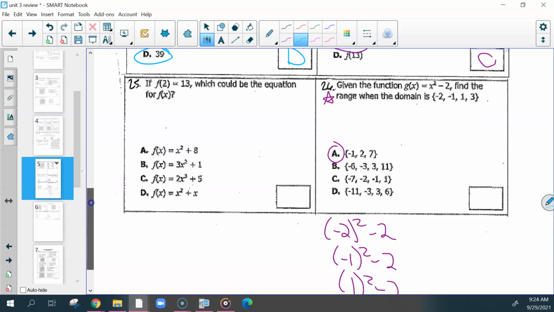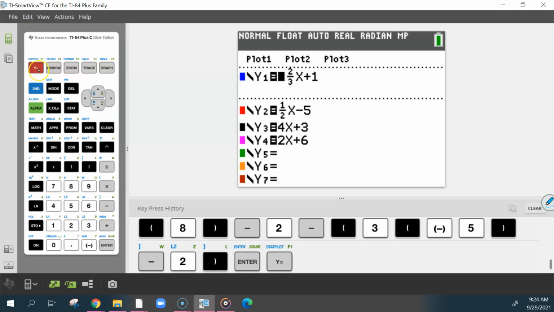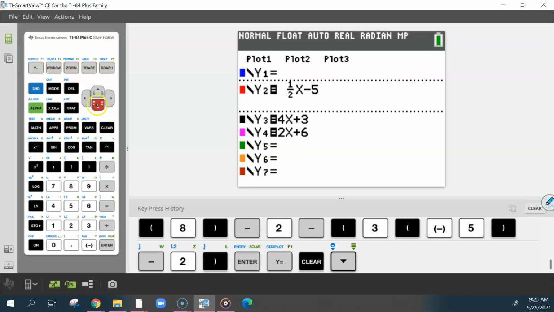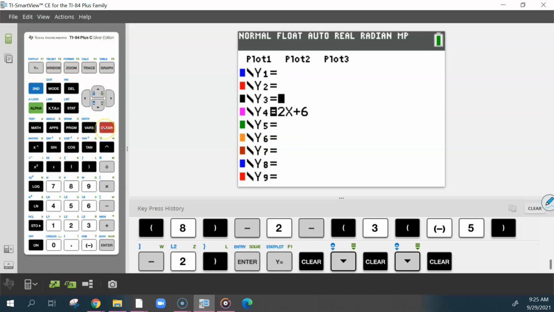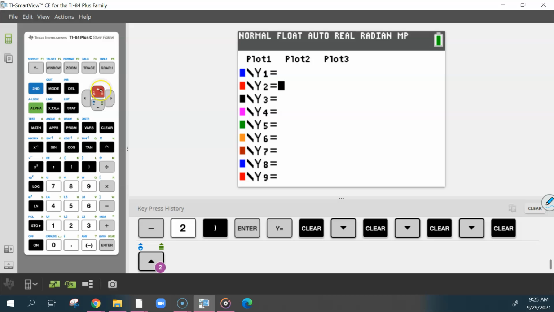Okay. So for 25, I'm just going to do this algebraically because it would be time consuming. Actually, I can put these all on the calculator. If the x's repeat, it would not be a function. If the y's repeat, it doesn't matter.